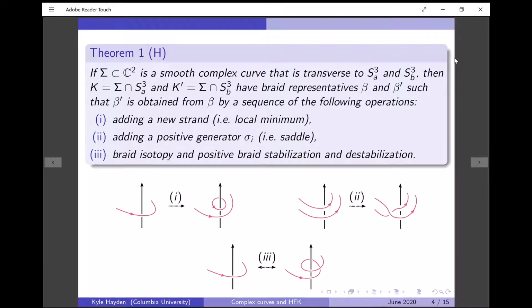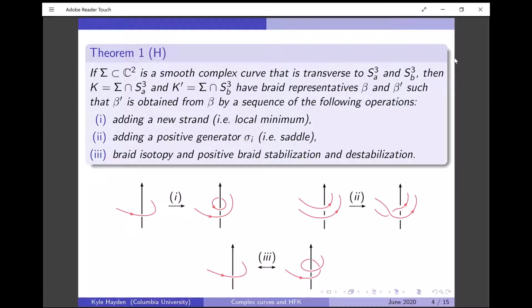These three operations on braids have schematic pictures down below, and these will provide the toolkit where we can imagine seeing a complex curve at various radii. These will be the moves that relate to level sets.